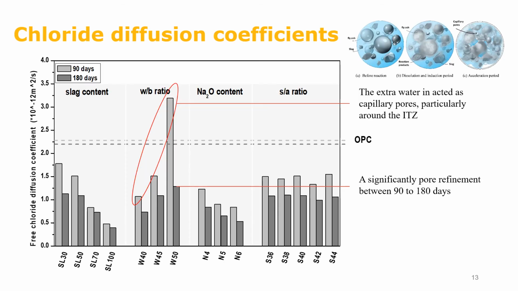Those are the chloride diffusion coefficients, also known as D, of each mixture at 90 and 180 days. The water-to-binder ratio showed the most important effect, as shown in the figure.